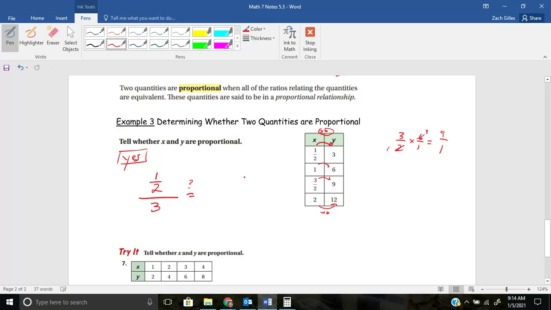Is that equivalent to my next data point, which would be 1 to 6? When X is 1, Y is 6. Well, cross multiply. 1/2 times 6 is 3, and 3 times 1 is 3. So definitely yes, right? So you could keep doing that to check to make sure that those are proportional.